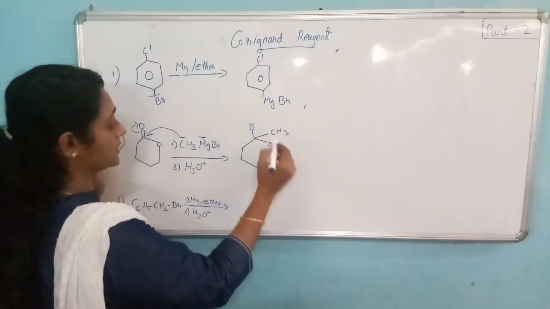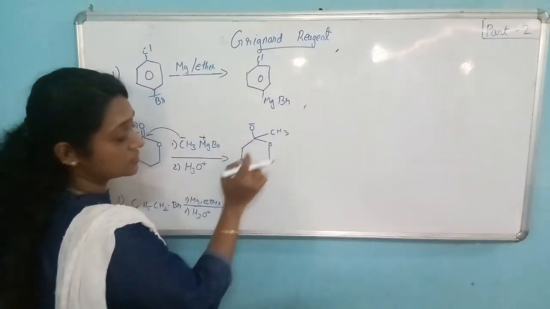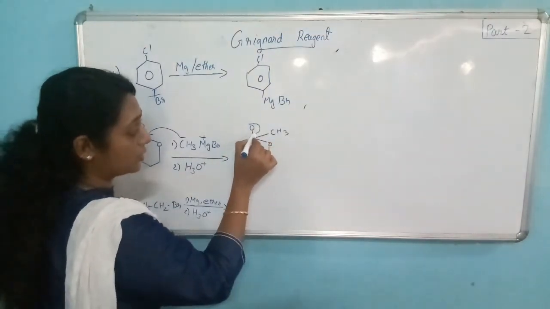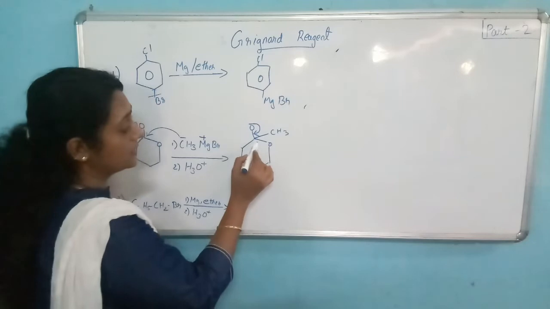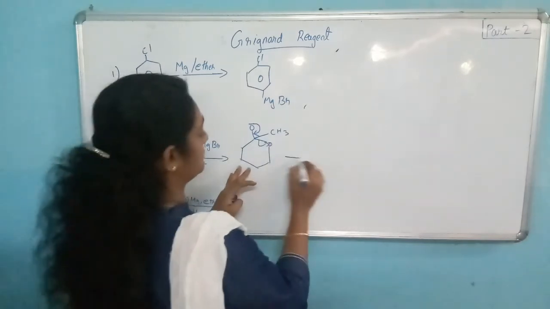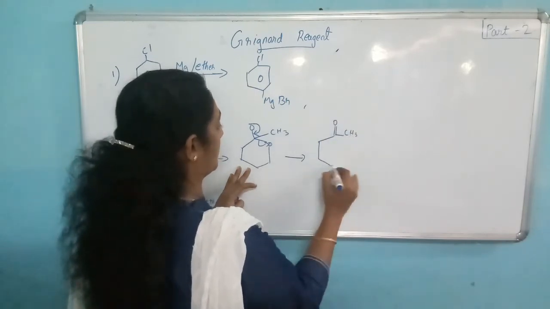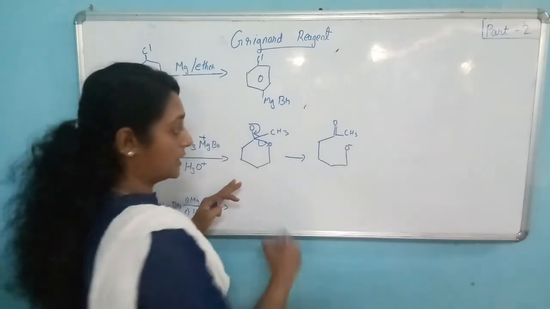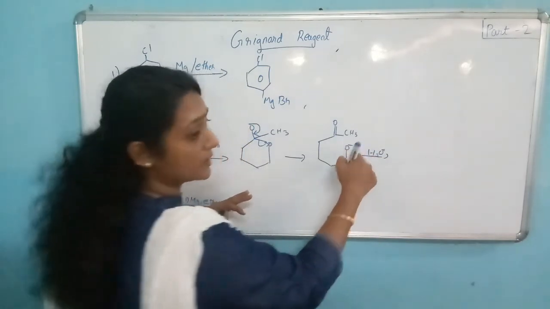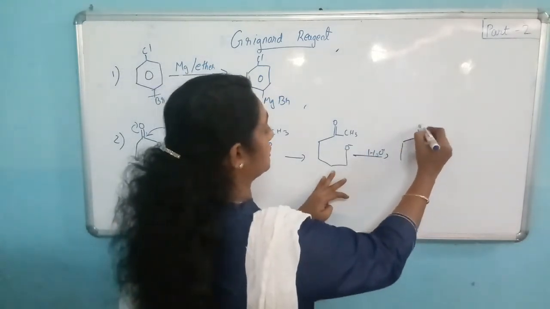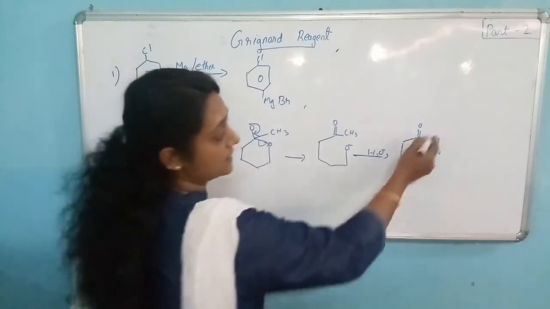Now the carbon-oxygen bond of the ester is weaker, therefore the electrons come back and form a pi bond with carbon, and this bond shifts to oxygen. Therefore we get double bond O, CH3, O minus. Okay, and on hydrolysis, H plus comes, double bond O, CH3, OH, and this is a ketone product.